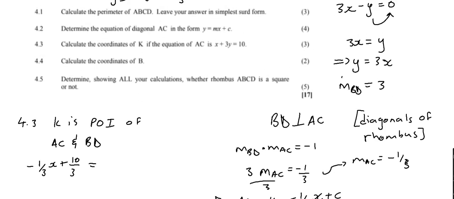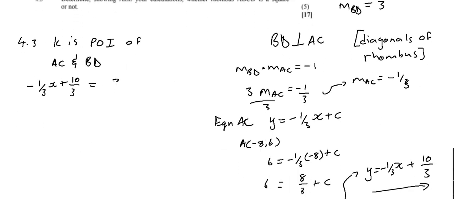The equation of BD was 3x, like this. And then we try to solve, we collect like terms. Take the 1 over 3 to this side, so 10 over 3 will stay here. 1 over 3x plus 3 is the same thing as 9 over 3, so this is actually going to be 10 over 3x.